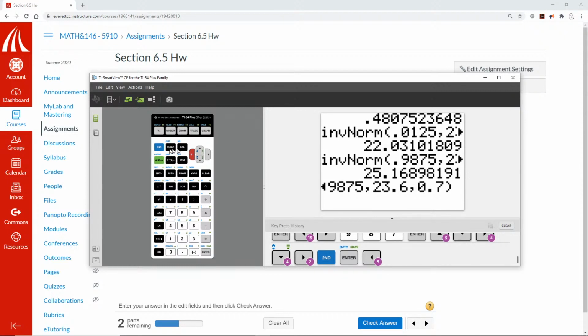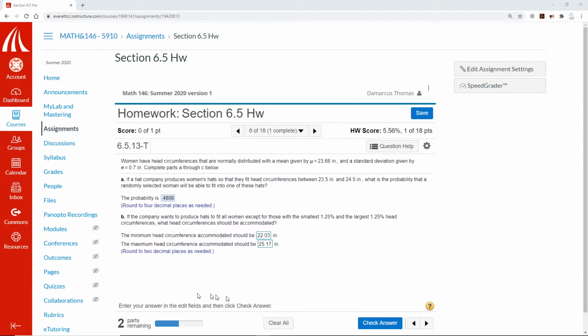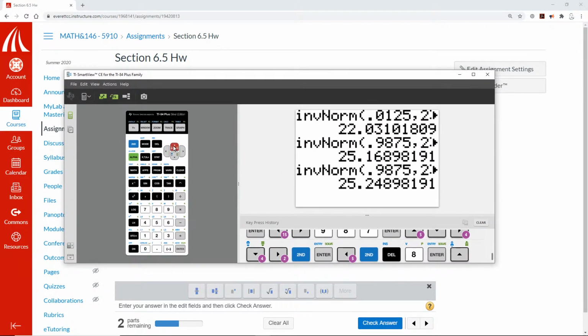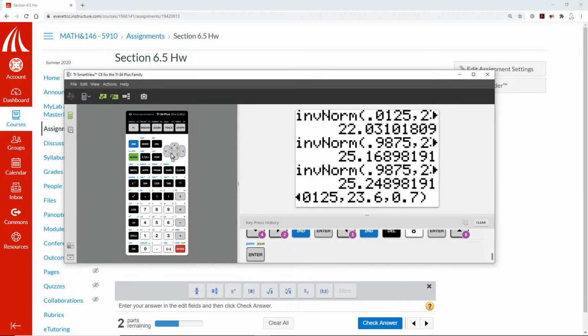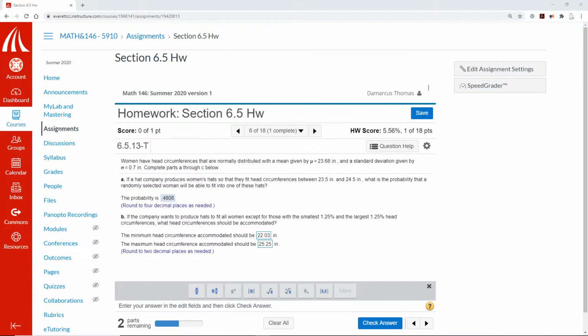Actually makes a big difference because so 25.25 when you round to the nearest hundredth. 25.25. I also have to check the other one too, because maybe I didn't use the other one as well. So I'll recall the other one. So this guy, and it's 23.68. That was a big mistake. Second insert 8, and then just enter. 22.11.